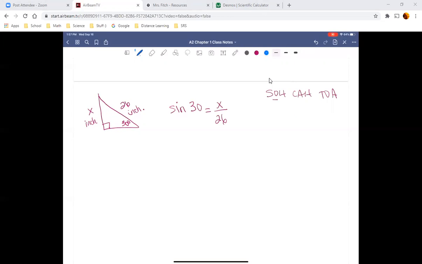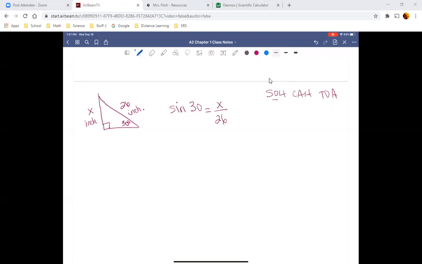Yeah, the inverse? Yep, that's next. So on this one, we can write it as the fraction and you can cross multiply. Or the other option is you multiply by what's in the denominator. And what do we have in the denominator? 26.